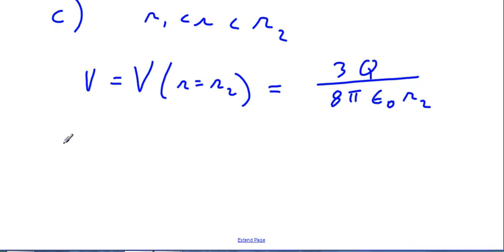Okay. Now, the D part, we have 0 less than R less than R1.